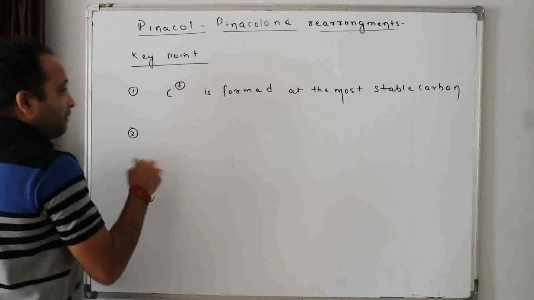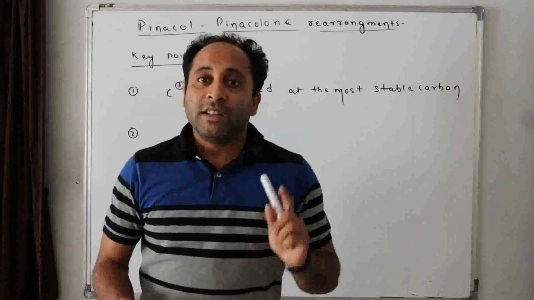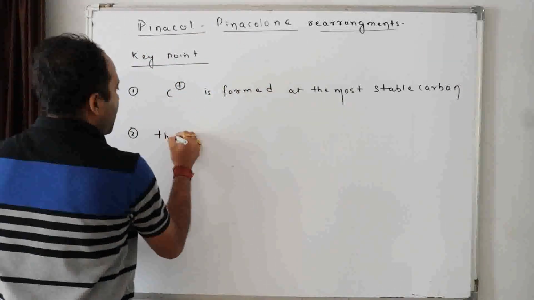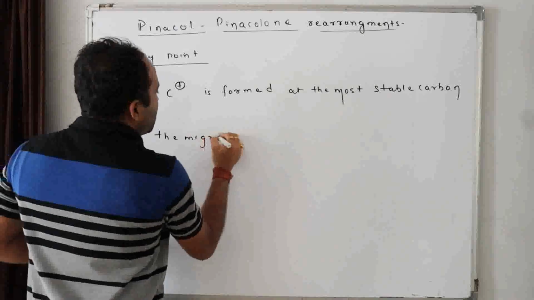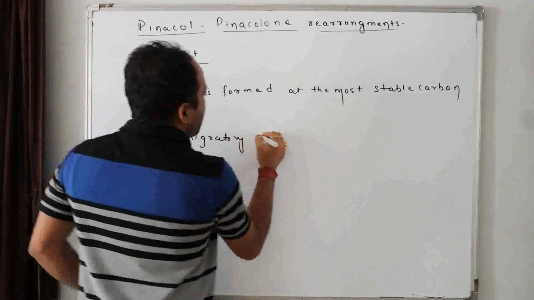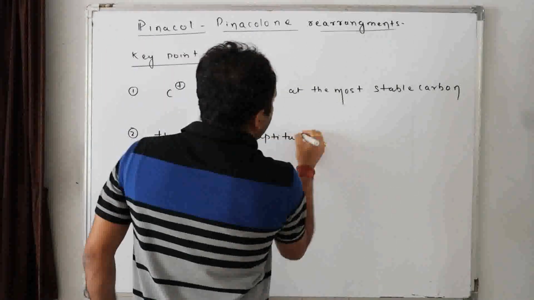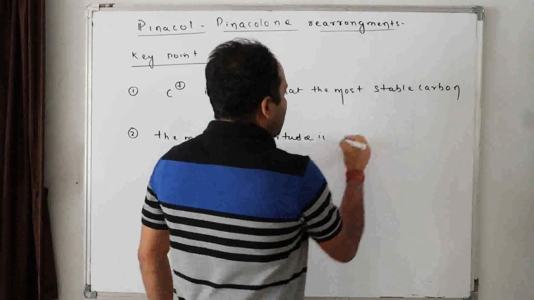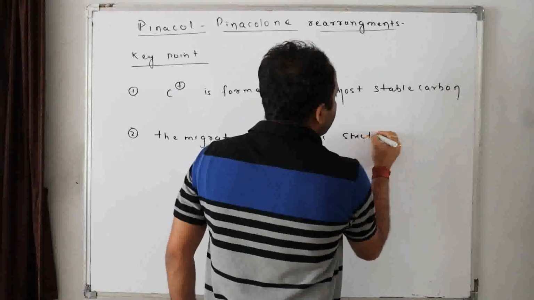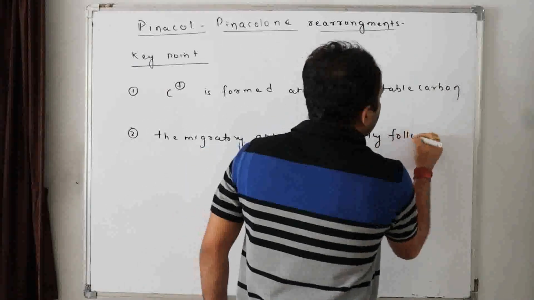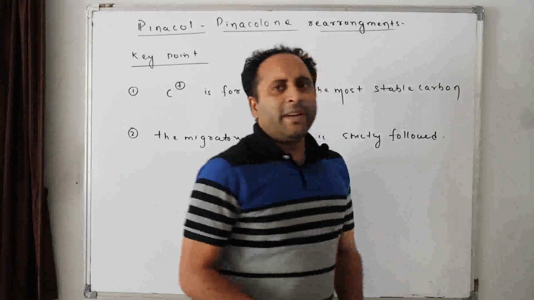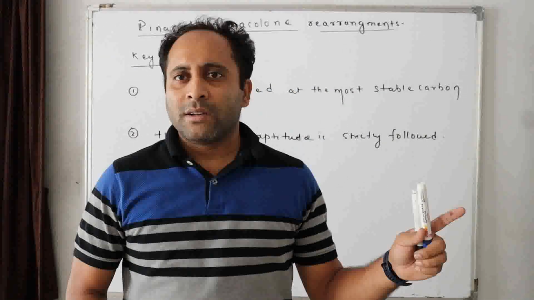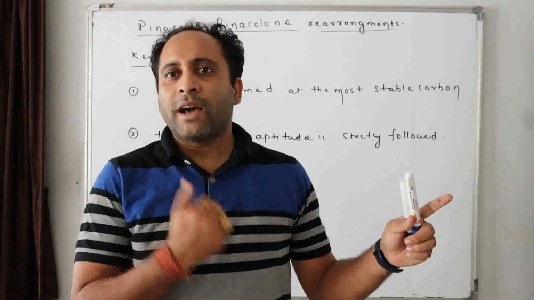Second, why we are rearranging: the migratory aptitude is strictly followed. The migratory aptitude, do you remember, is strictly followed. Do you remember when different groups are attached, then the most stable product formed will be having a rearrangement.